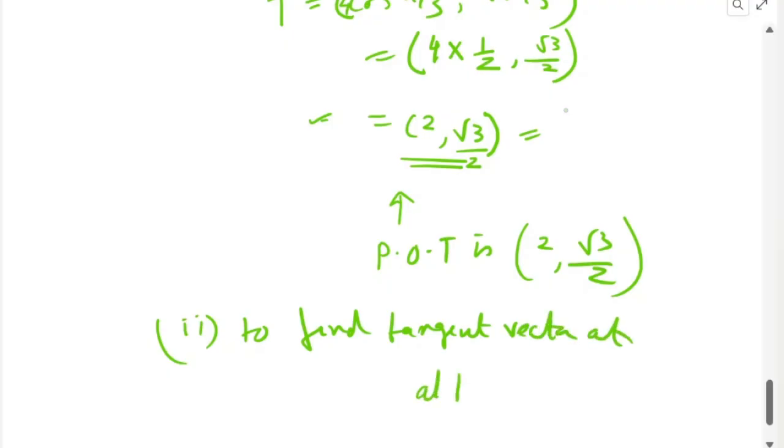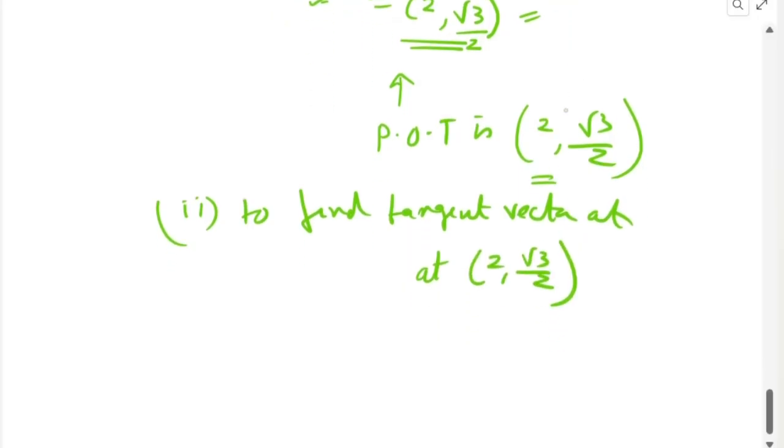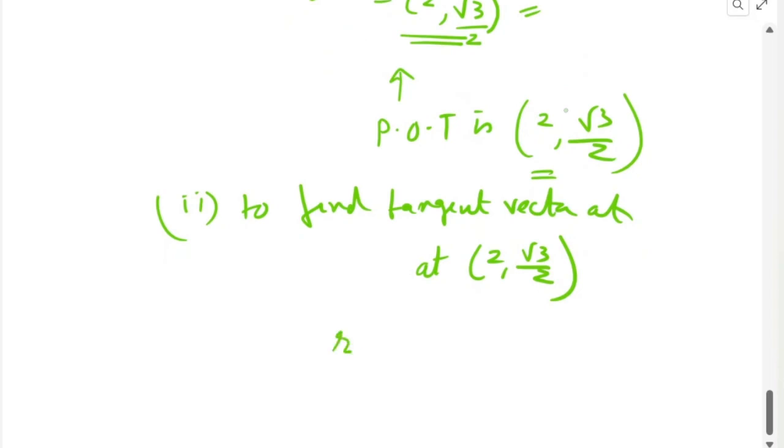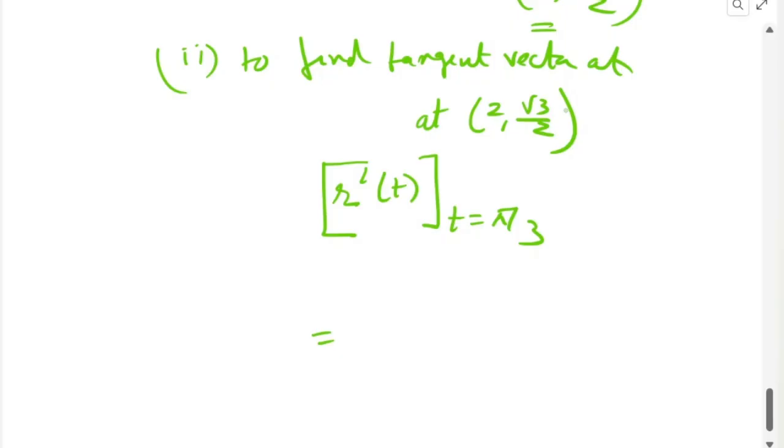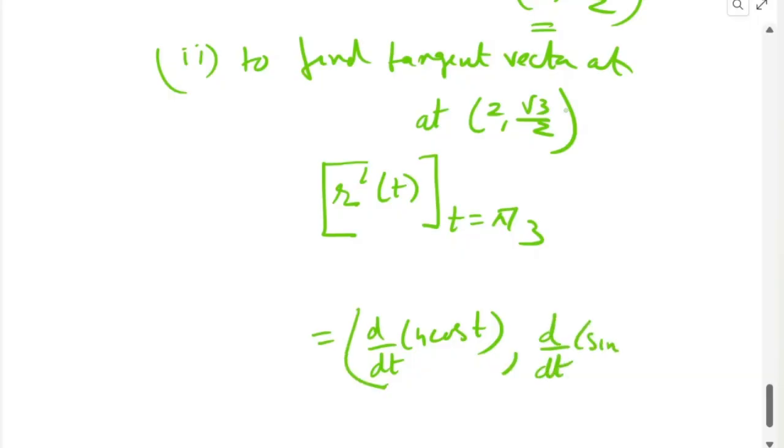As we have already found the point, 2 comma root 3 by 2, I need to find r dash t at the point t equals pi by 3. Now what is r dash t? R dash t means d dt of 4 cos t, comma d dt of sin t, at the point t equals pi by 3.